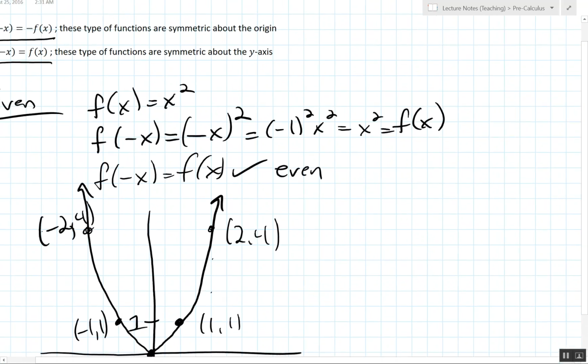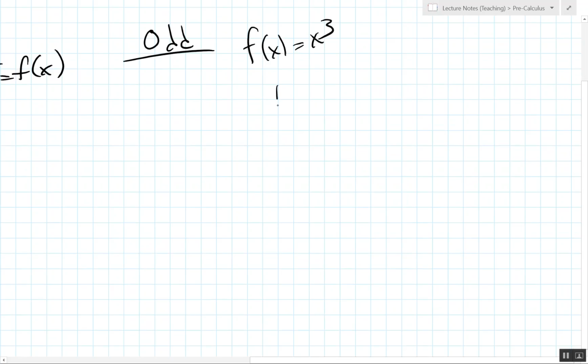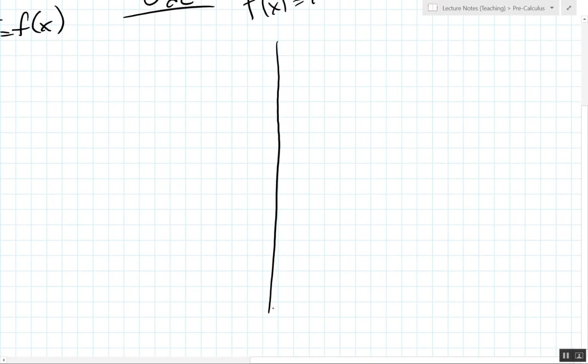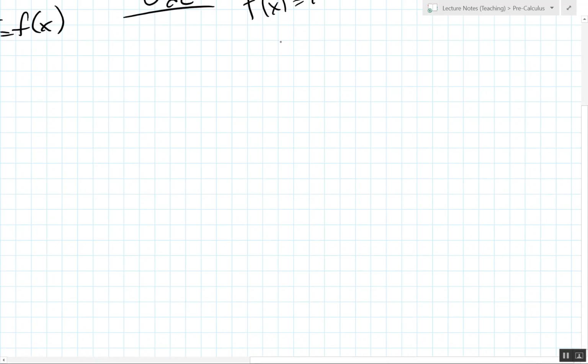And so let's do the example of odd. So if x squared is even, then it turns out that x cubed is odd. So let's look at f of x equals x cubed. And again, we'll draw this so it's easy to see. But I do need a little room because 2 cubed is 8. So we need to have at least about 16 squares.